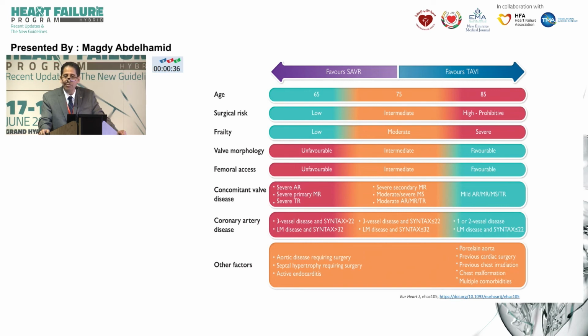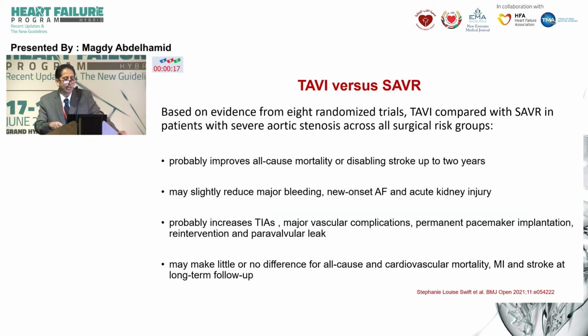Valve morphology and transfemoral approach are in favor of using TAVI. And the concomitant valve disease is not significant, as well as the coronary artery disease, one or two vessel disease, and other indications. These indications are considered to favor TAVI compared with surgical aortic valve replacement.